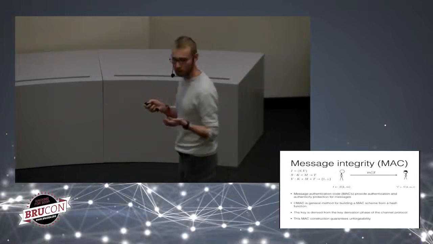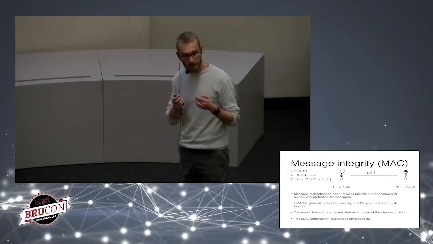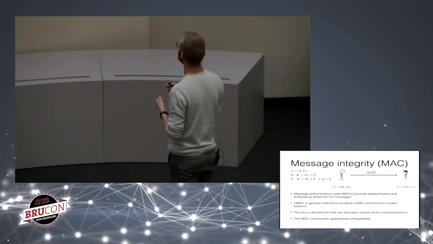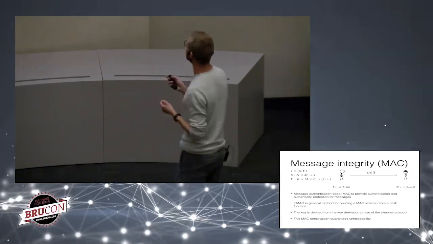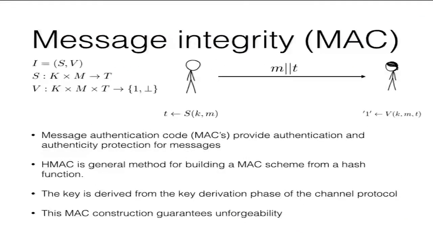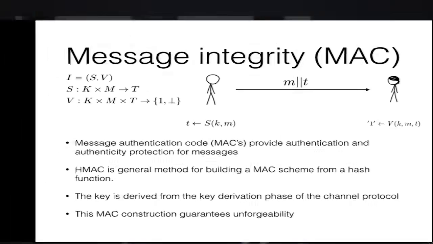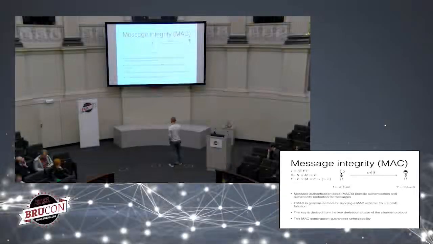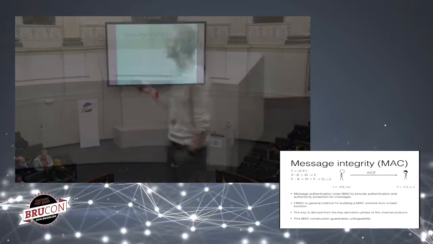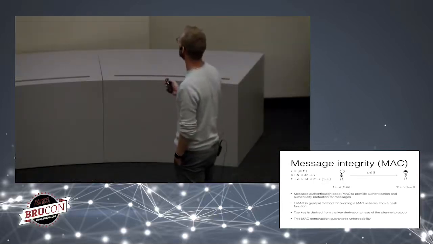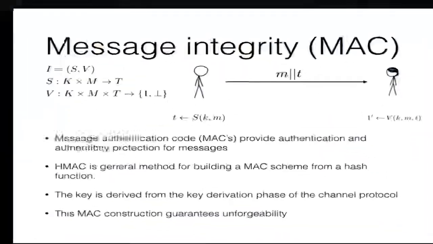Using key K, which will be derived from the key exchange, one of the keys derived from the key exchange, and as input its message, it will transfer the message to Alice, and Alice, because she has the same key K, is able to verify this tag using the function V. So she will take the key K, M, and the tag being transferred to Alice, and be able to see, okay, has this message been changed, yes or no. Very often in typical applications, an HMAC is used to build such a construction or a system, if you will.